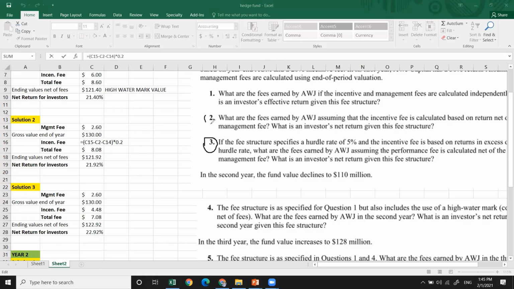But the second question does not consider the hurdle rate. Question 1 does not consider the management fee, and it doesn't consider the hurdle rate. And in question 3, the management fee and the hurdle rate are both considered in the calculation of the incentive fees.